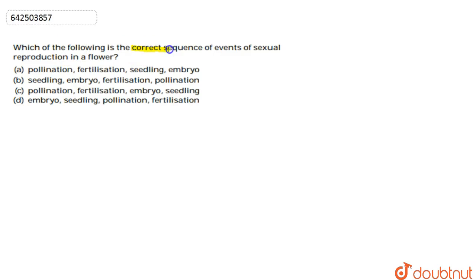If we talk about this question, we are asked which of the following is the correct sequence of events of sexual reproduction in a flower. If we discuss the events of sexual reproduction in a flower, it starts with the process of pollination.